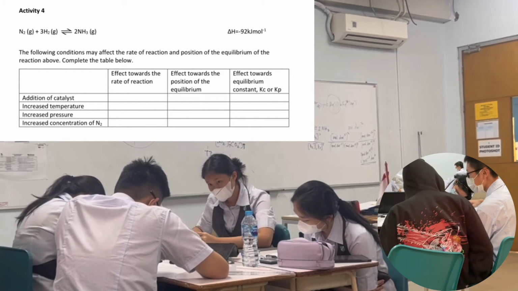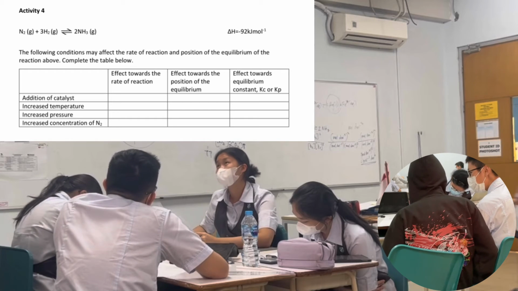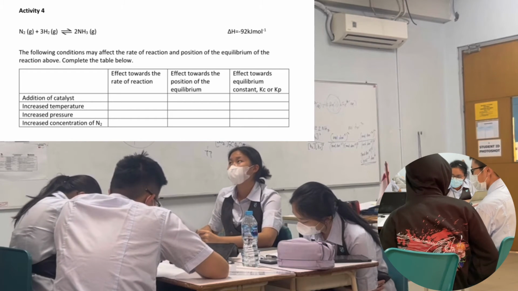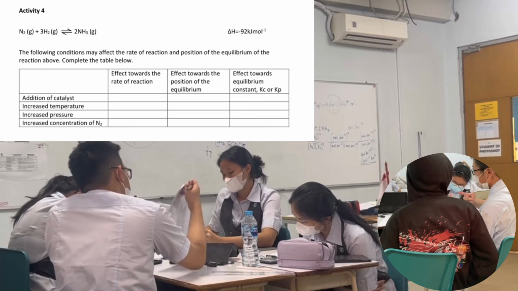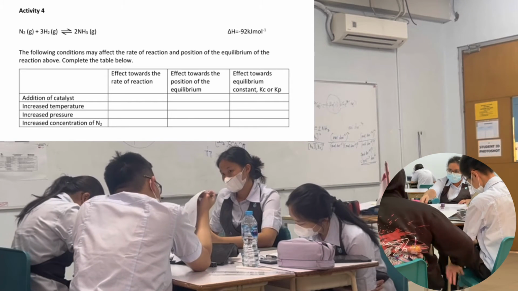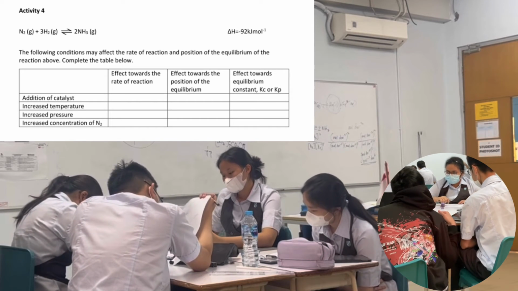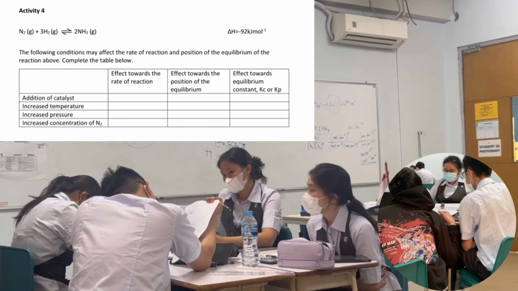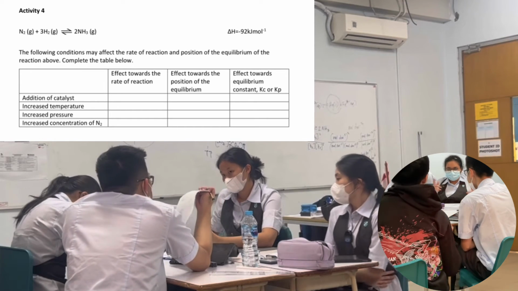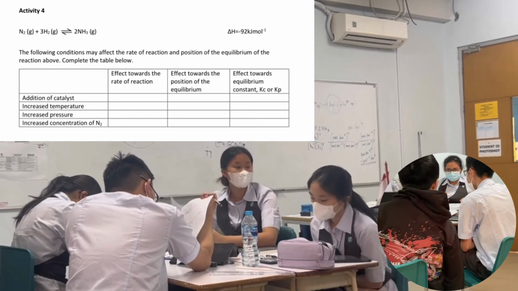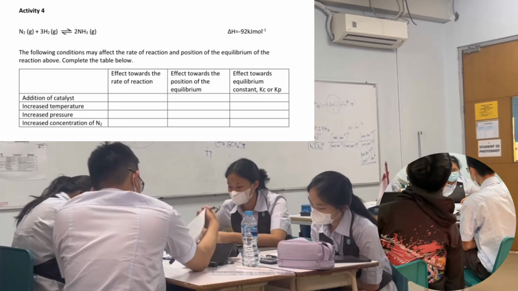Okay, here. It's okay for now, you say shift to the right or left. So what's the constant over here? Increase temperature, whether it's decreased or not. Hot, cold. So you increase temperature, it will go to the cold, so it will go backwards.